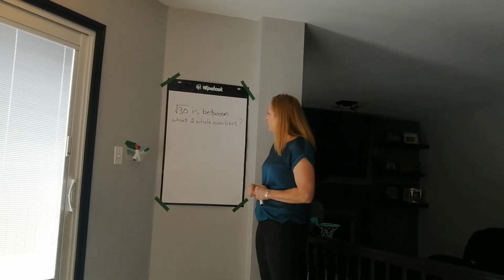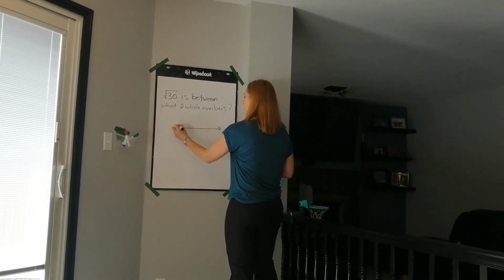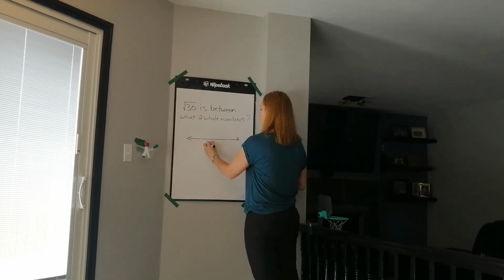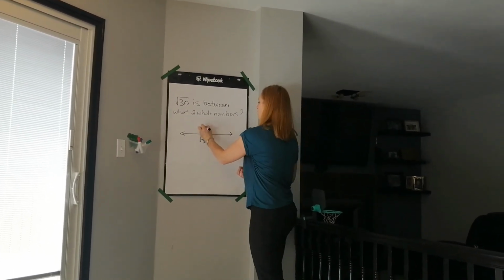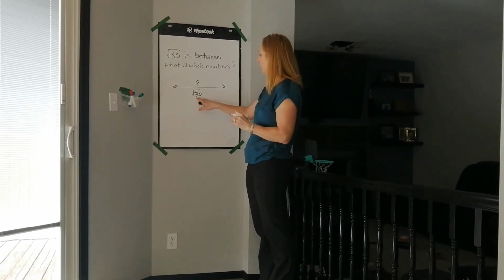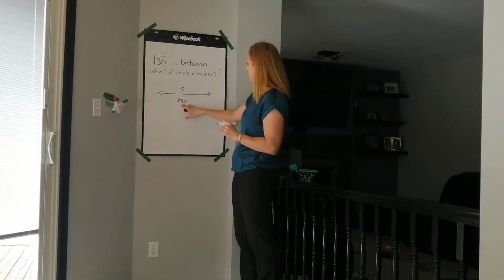So we're trying to figure out where the square root of 30 fits on a number line. So I know here that I've got the square root of 30 here, and I'm trying to figure out exactly where this is going to be. So I got to find the closest square roots to this number.